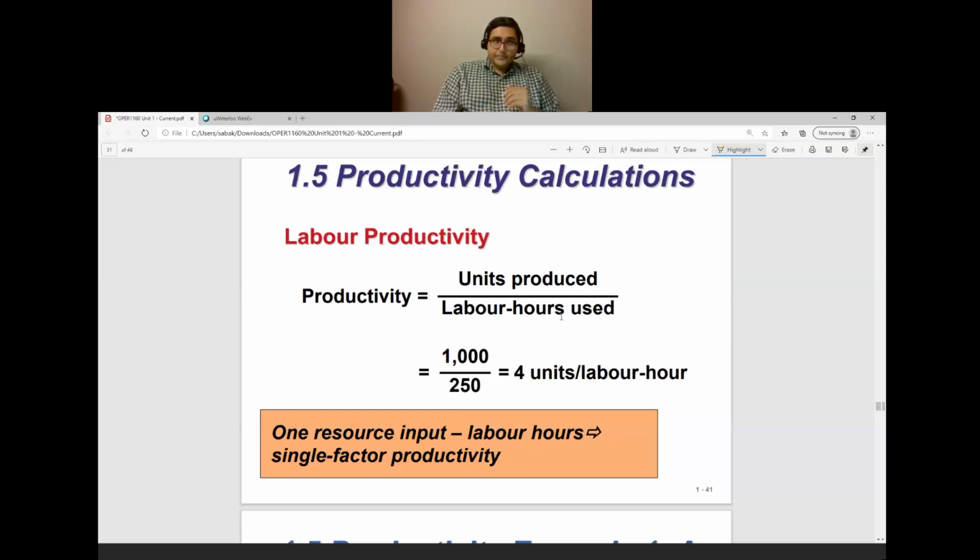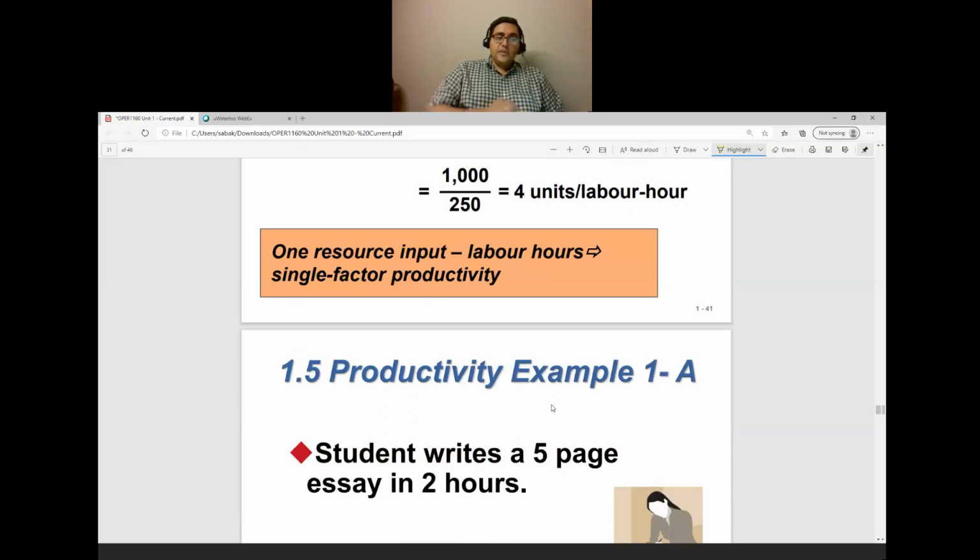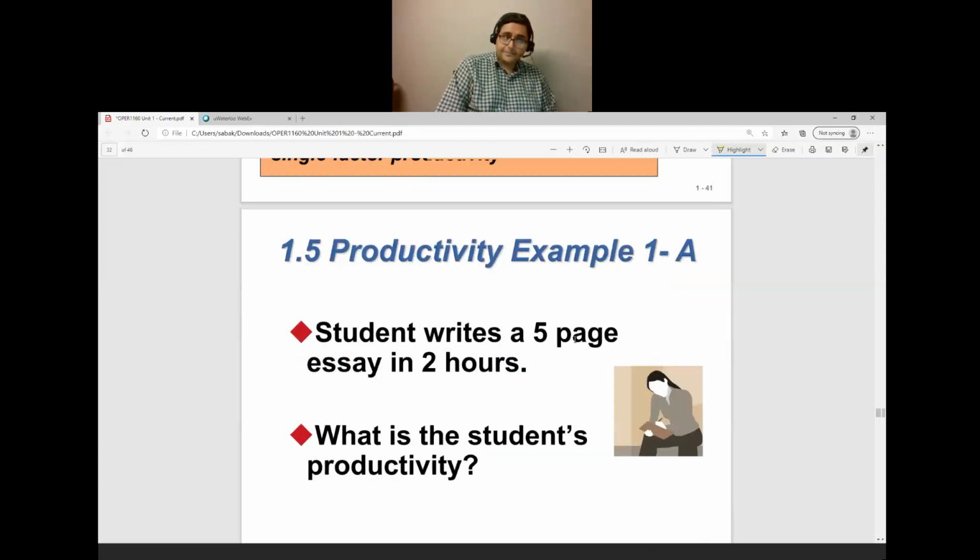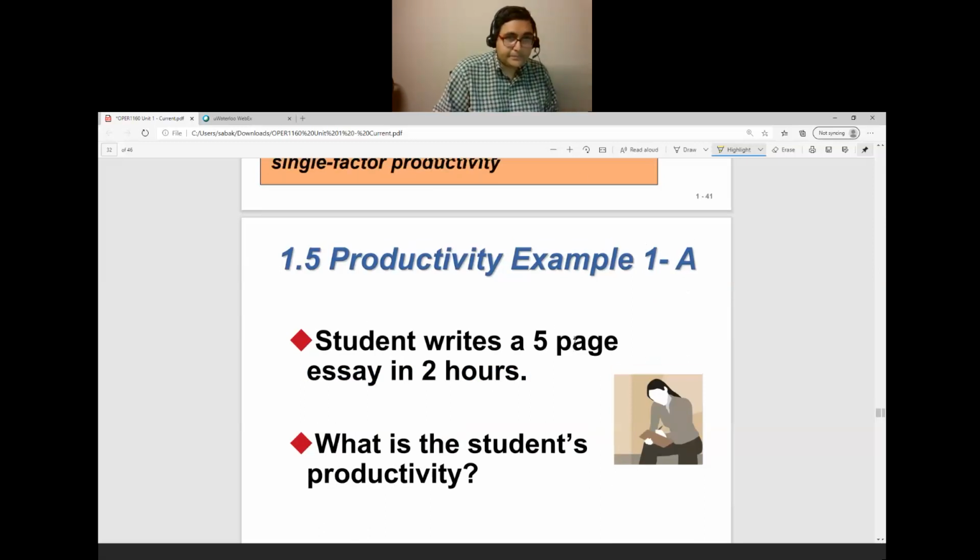If I want to find the productivity, it is 1,000 computers divided by 250 labor hours. That gives me 4 units per labor hour. So 4 units is what I produce per labor hour. This is called a single factor productivity because I consider only the labor in this example.